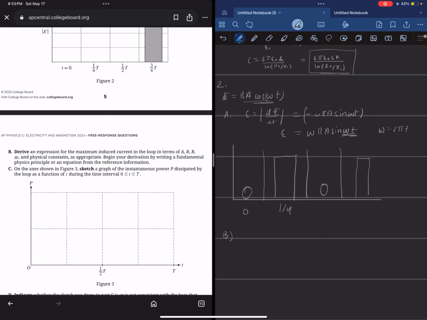If t equals 0, that's just sine 0, which is 0, so that becomes 0. At t equals 1/4 it's the same as t equals 3/4, because the value of sine is the same. And at t equals 1/2, this just becomes sine of pi, which is 0 again.